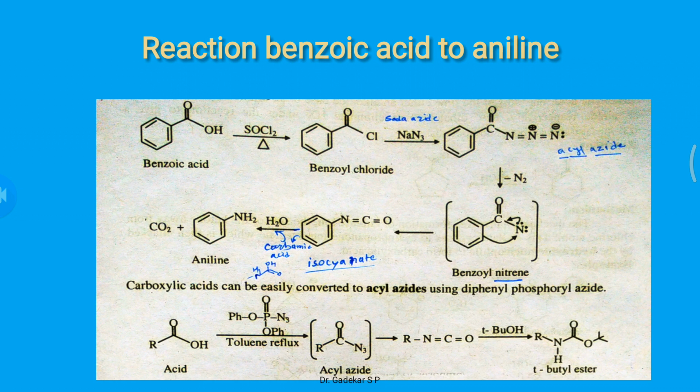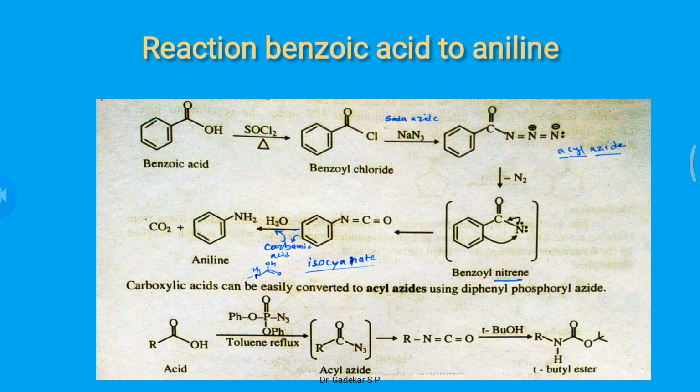So the acid reacts with diphenyl phosphoryl azide in the presence of toluene. Okay, to form, say, acyl azide, and then this acyl azide converts to isocyanate, and the isocyanate reacts with tertiary butanol to form, say, a tertiary butyl ester.